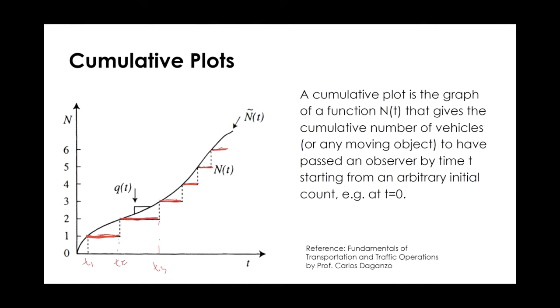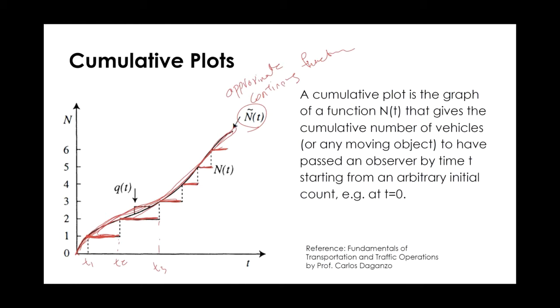However, we can approximate this stepwise function with a continuous function. If we just connect all these steps together, we can say this n tilde of t is the approximate continuous function of the stepwise n(t).